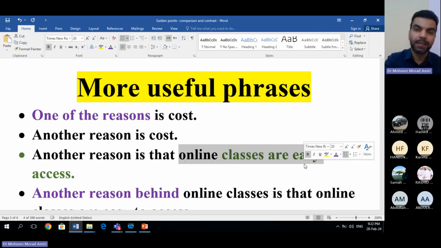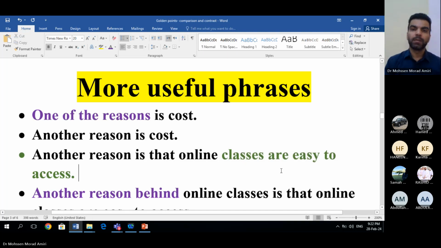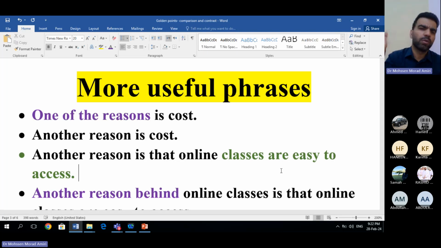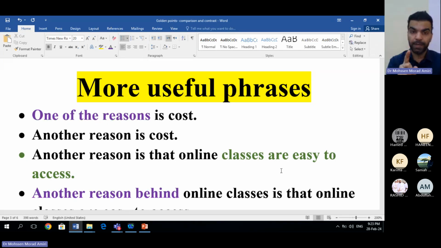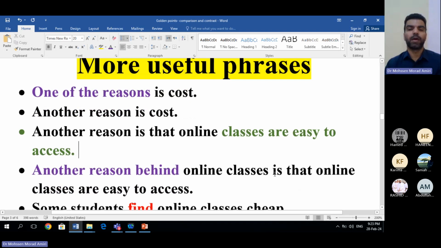Listen, you are comfortable now sitting in your bed maybe, and the phone or laptop is in front of you. So it is easy. You don't need to go to university or somewhere else. So it is easy to access. See how the sentences are written. You need to be careful about that. The grammar is important. Or this one.